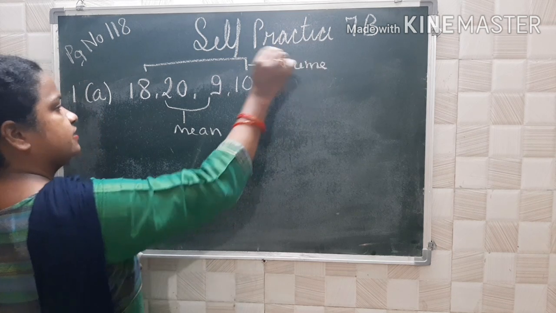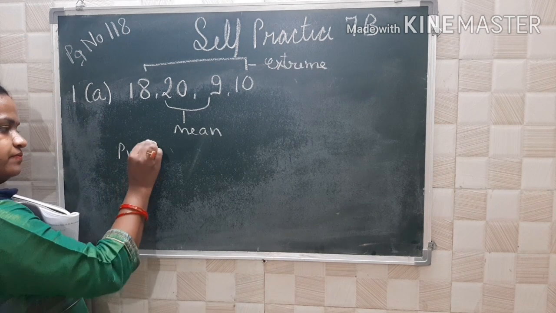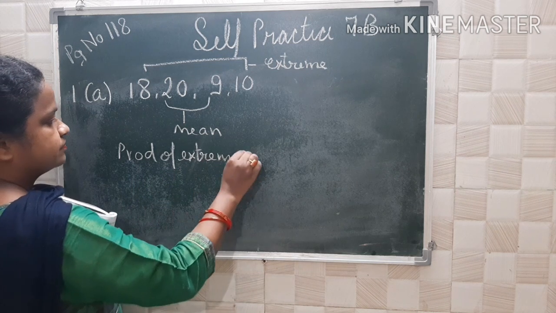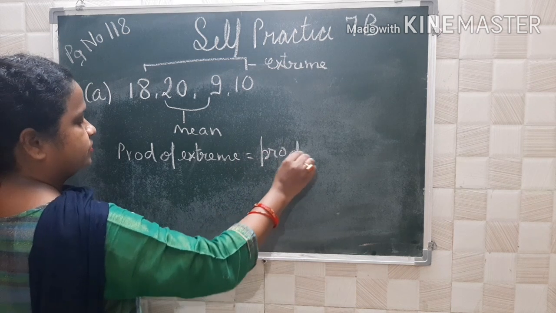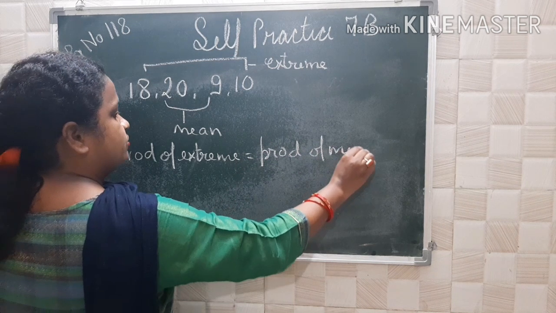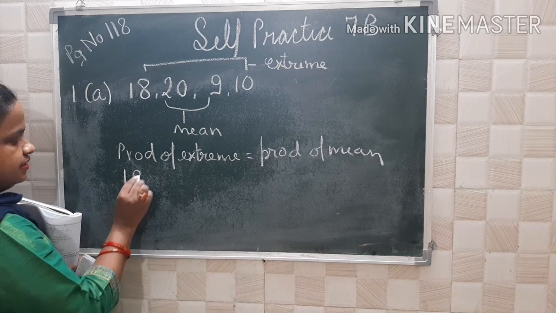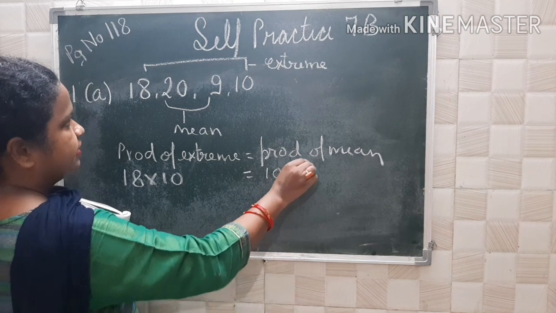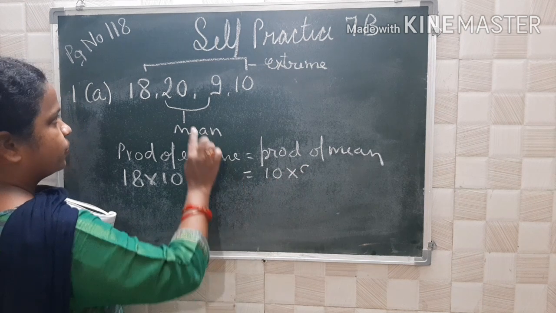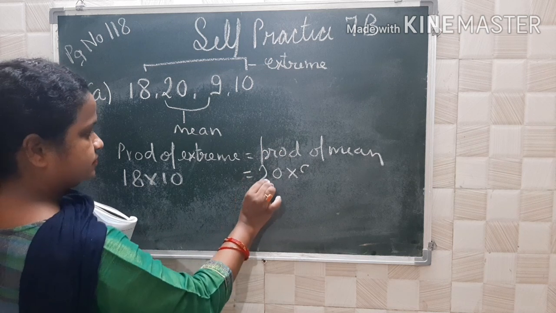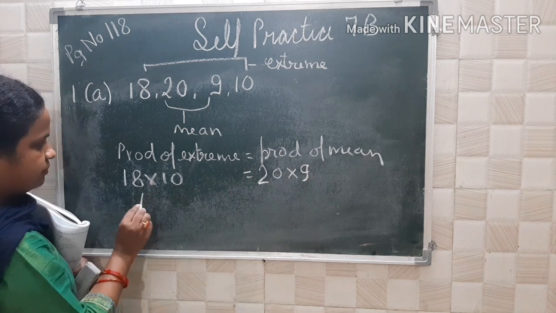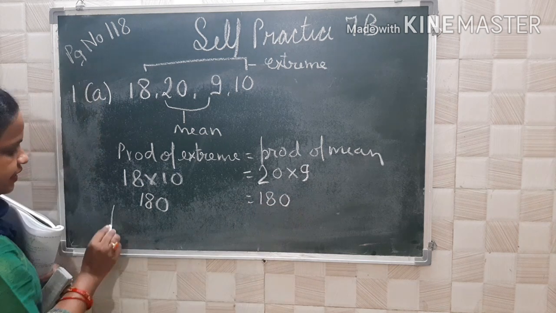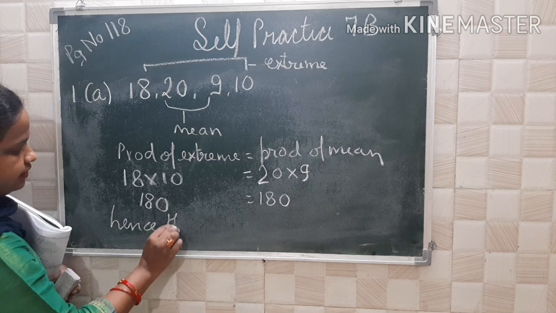So the product of extremes should be equal to the product of means. Now you check: 18 into 10 should be equal to 20 into 9. It will be 180, and 9 into 20 is also 180. Hence, they are in proportion.